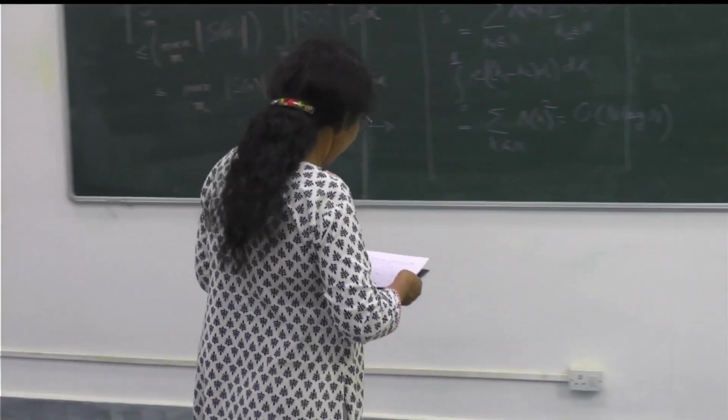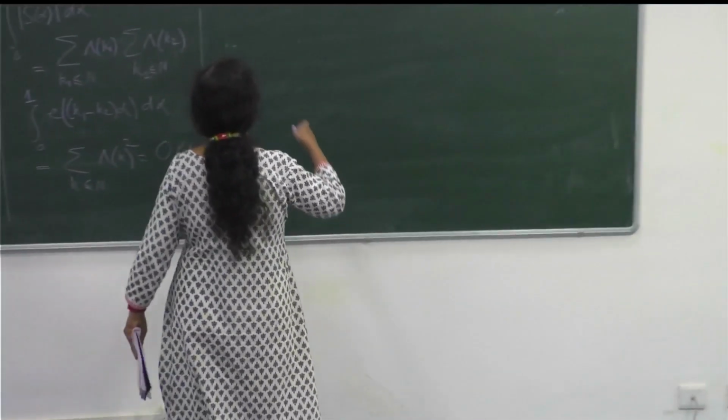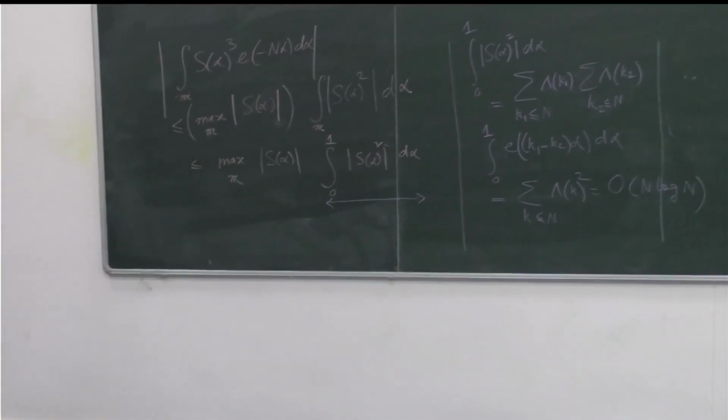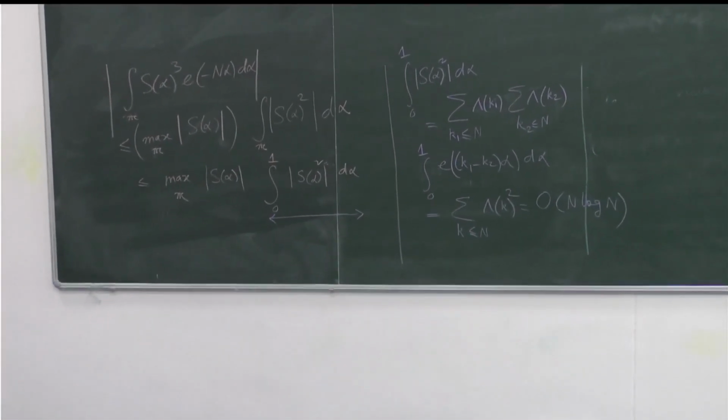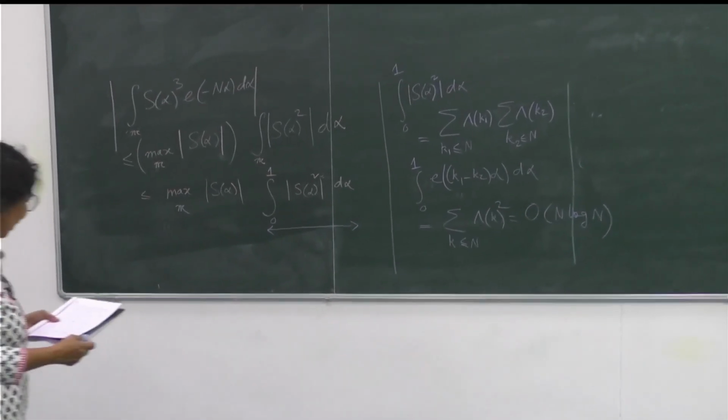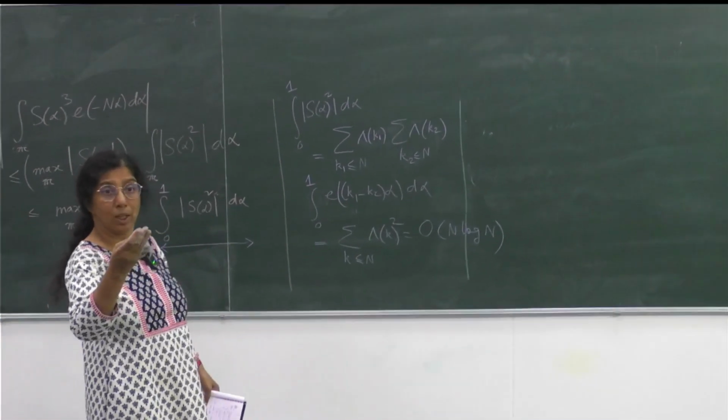Therefore, we can take its distance from a rational number. And I hope we know that the distance between alpha and the rational number a by q, a and q are given to us.